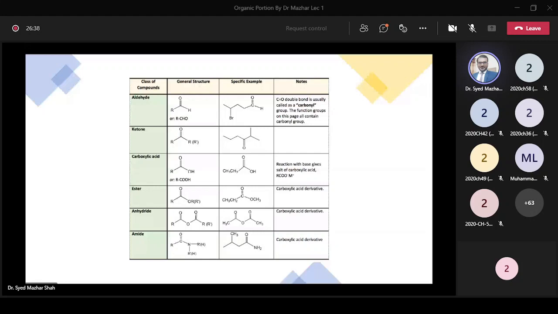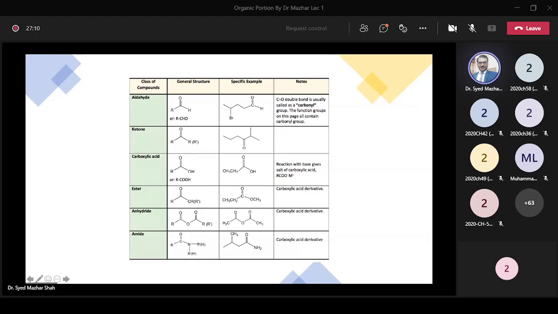Anybody else have any other point of view about that, or is everyone in agreement with him? So we can say that both these classes, aldehydes and ketones, have the carbonyl group, C double bond O, present in them. But the difference is that in aldehydes, one end of the carbonyl carbon is attached to hydrogen, and the other end is attached to an alkyl group.